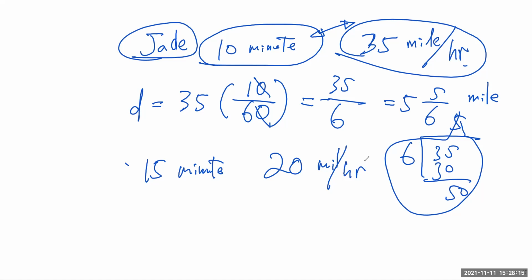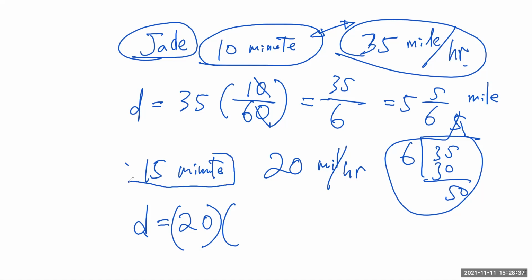So distance is equal to velocity times time. We've got 20 miles per hour, multiplied by the time, but we have to change this to hours because our unit is hour. So the units have to match. So 15 over 60, right?